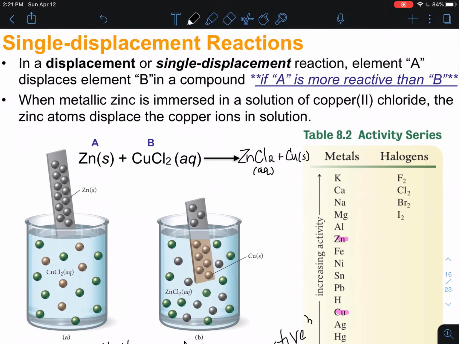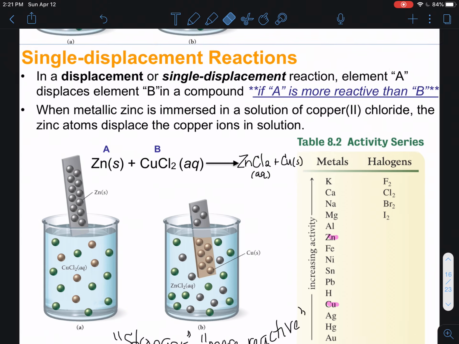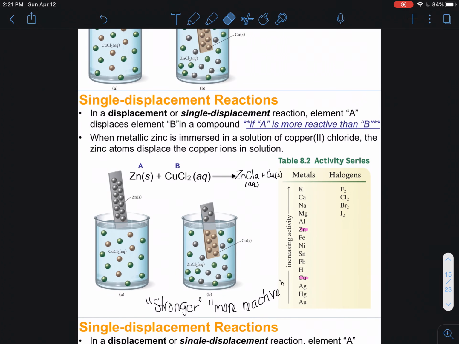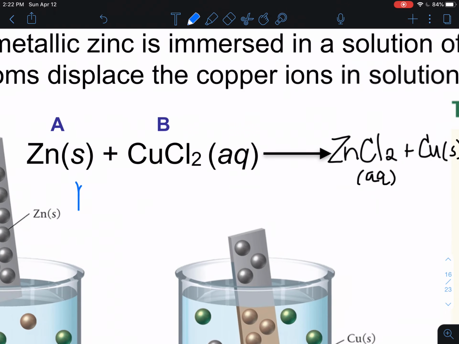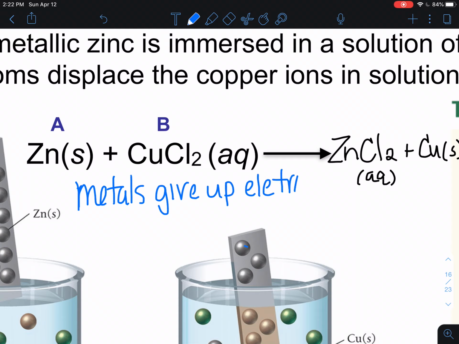And the whole reason is because we're looking at metals right now, and if you want to think about reactivity, what do metals do? Metals give up electrons.